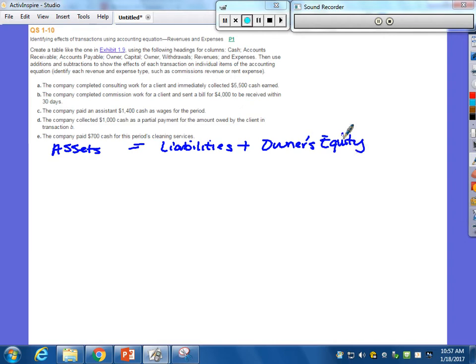So they have cash, which we know is an asset, right? Accounts receivable, and that's it for assets. And then liabilities, we have accounts payable, and that's it for liabilities. And for owner's equity, we have capital minus withdrawals, right, plus revenues minus expenses.